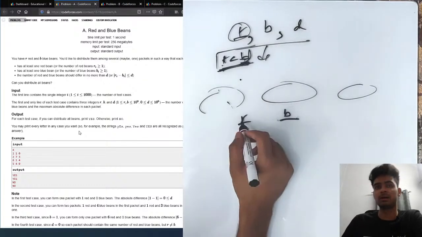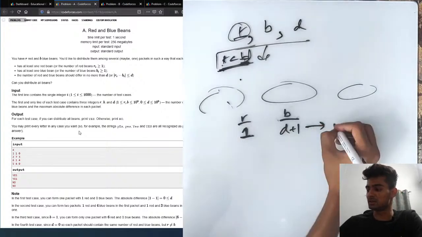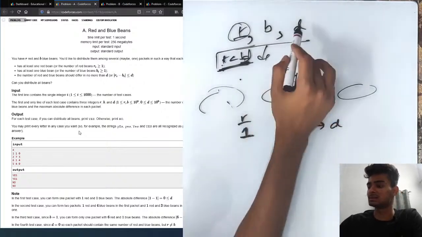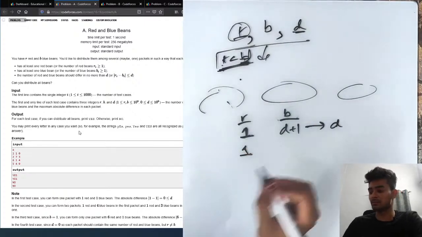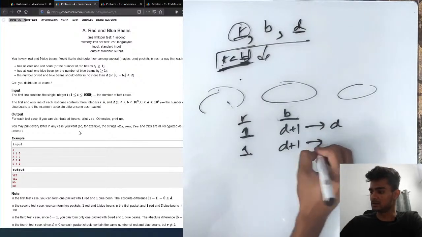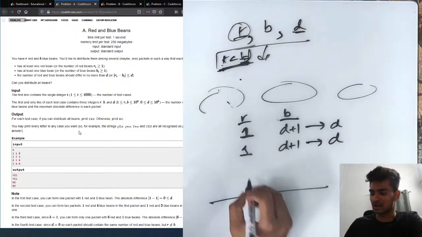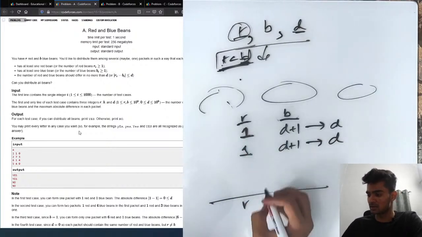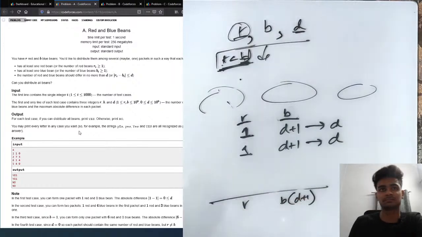Let's see how many balls we can put in one packet if we had one red ball. If we had one red ball, we can put D plus 1 blue balls, because the difference comes out to be D, which is the desired difference. Now let's say we put one more red ball in another packet, we can again put D plus 1 balls. This also gives a difference of D. So with R number of red balls, B should be less than or equal to R times D plus 1.